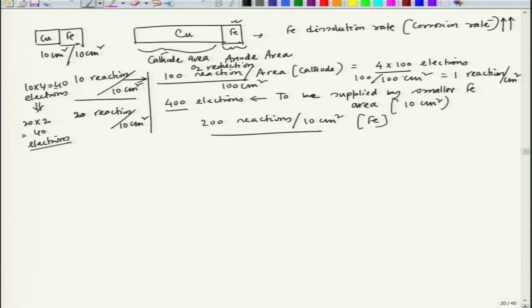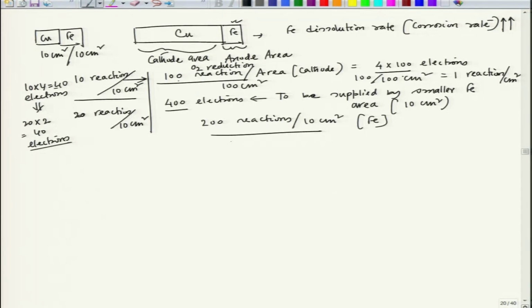Now, when the area of the copper surface has increased 10 times, which is 100 centimeter square, now we are having 100 reactions, because those reactions are statistically distributed. So, now see this 400. That means 100 reactions means we need 400 electrons, and these 400 electrons are to be supplied by the smaller iron area, which is 10 centimeter square. So, that means 200 reactions per 10 centimeter square.